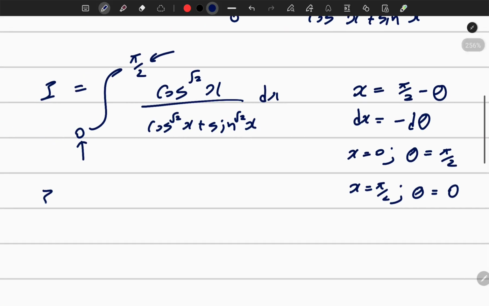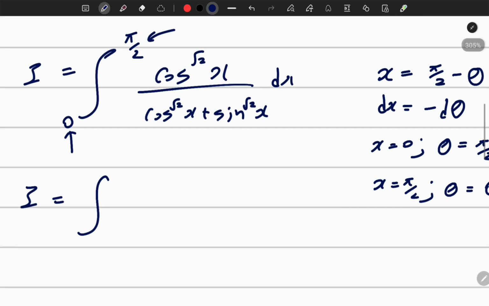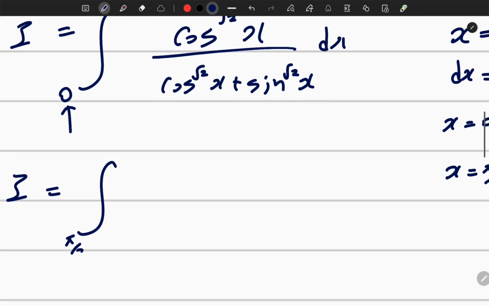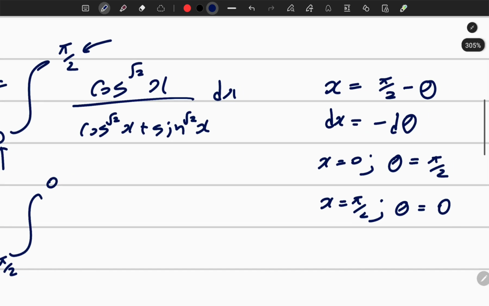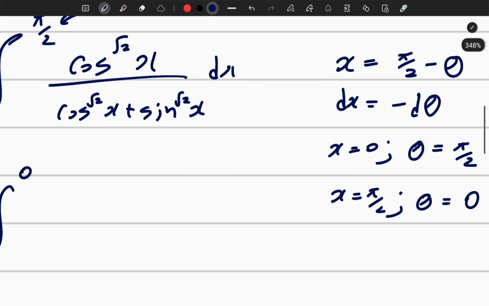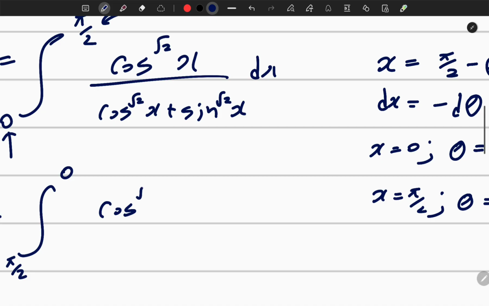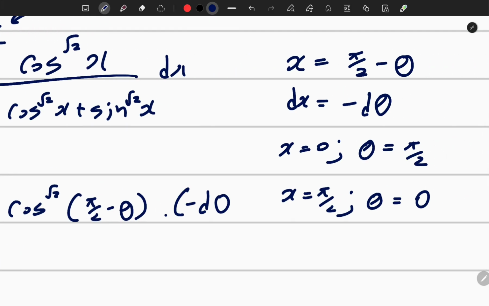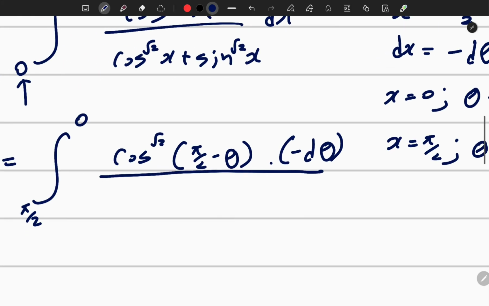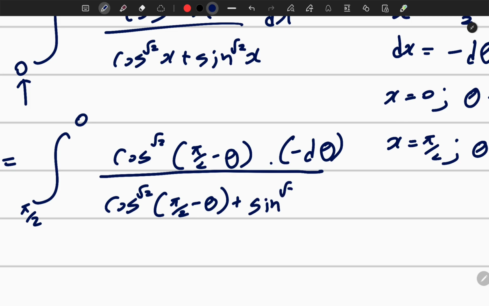So cos root 2x, with x equal to 90 minus theta, dx equal to minus d theta, over cos root 2 of 90 minus theta plus sine root 2 of 90 minus theta.